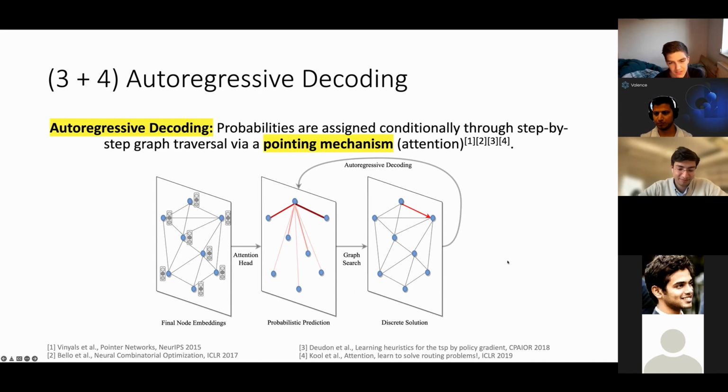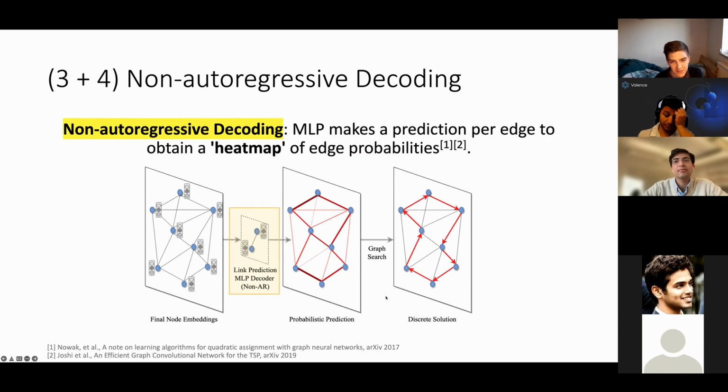And for the previous slide, how do we go from a heat map to the final TSP? Do you just basically choose, do something like compute? No, in this case, you again do something similar.